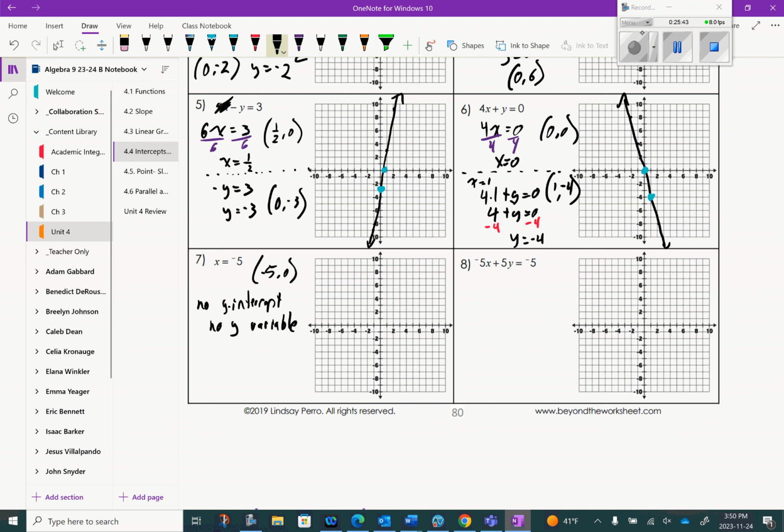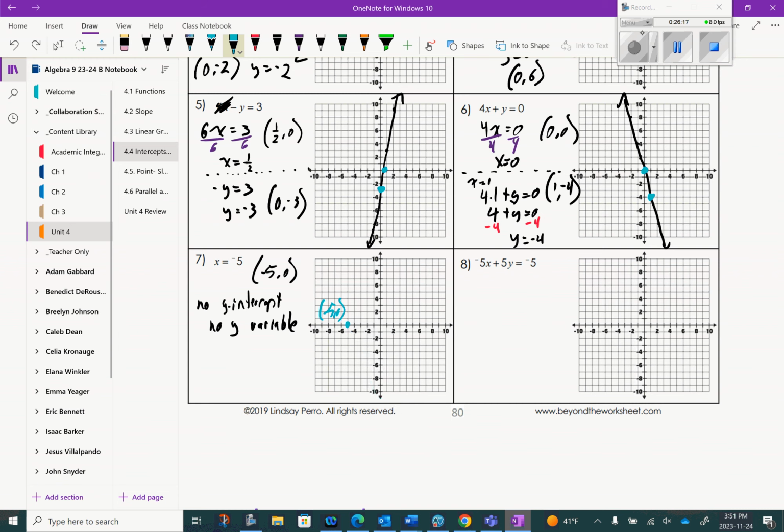That means this line goes through the x-axis, and we know it goes through the x-axis at -5, 0. But if it doesn't go through the y-axis, that means it can't have a positive slope because otherwise it would go through the y-axis up there. It can't have a negative slope, otherwise it would go through the y-axis down here.